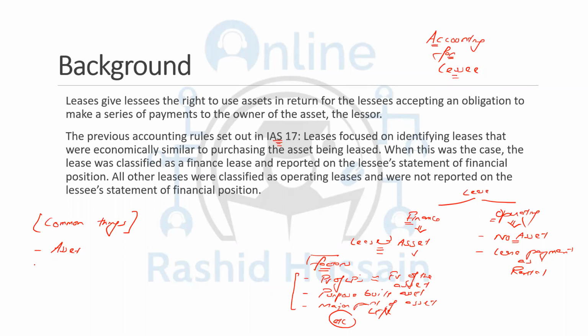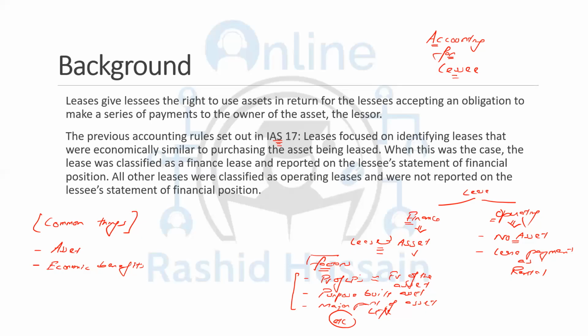And the second common point: in both of the leases, whether it is a finance lease or an operating lease, the economic benefits within the lease period were being enjoyed by the lessee. So in a finance lease, the lessee is going to use the asset and all the benefit belongs to the lessee.